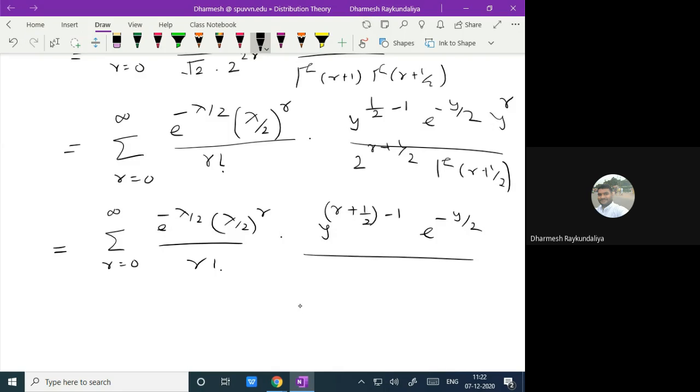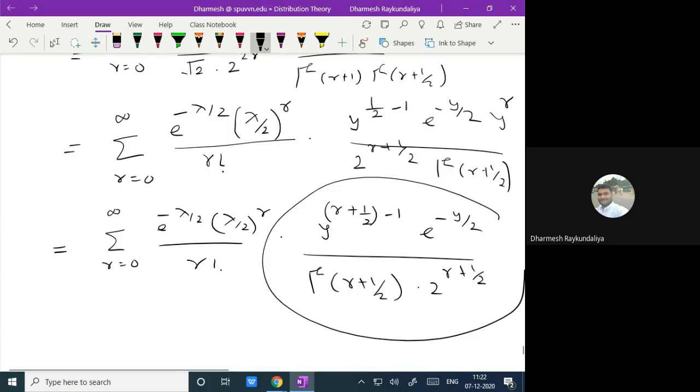This is divided by gamma r plus 1 by 2 into 2 raised to r plus 1 by 2. So this is nothing but the density of, if you write r plus 1 by 2 equal to n, y raised to n minus 1 into e raised to minus y by 2 divided by gamma n, into 2 raised to n.